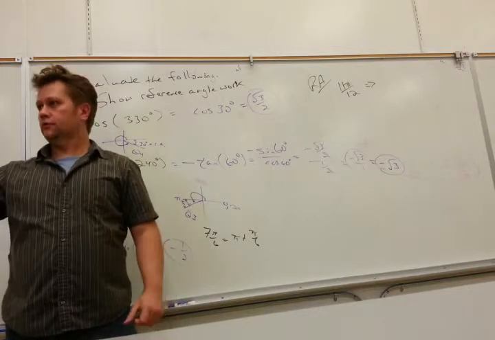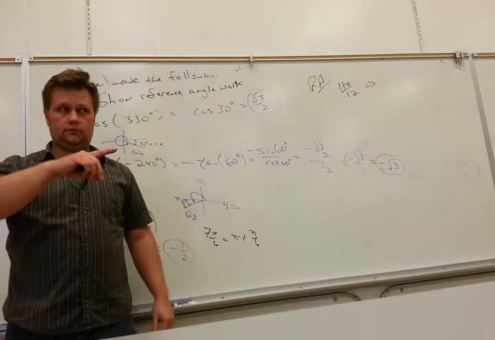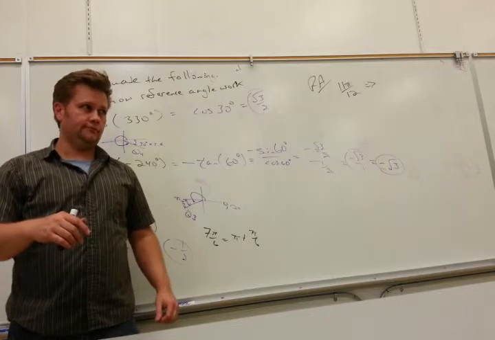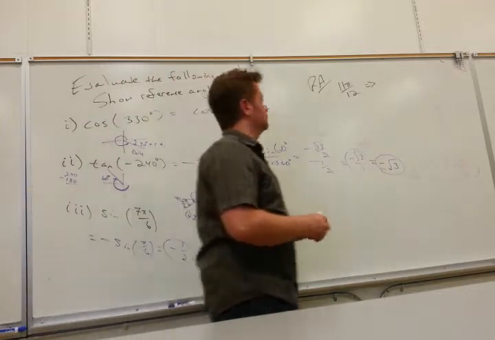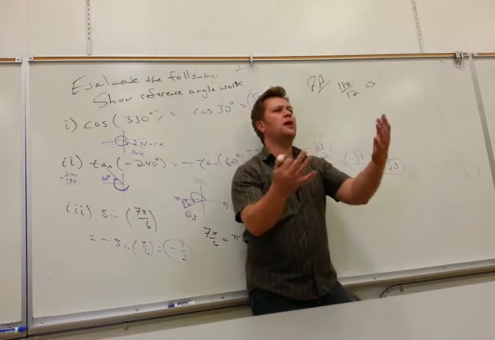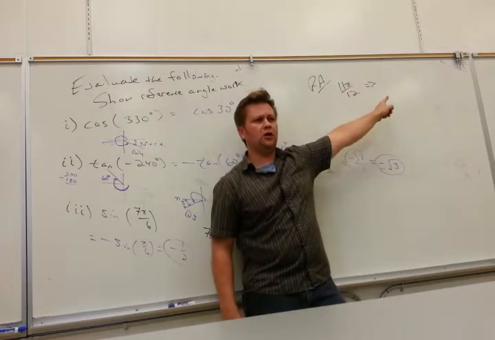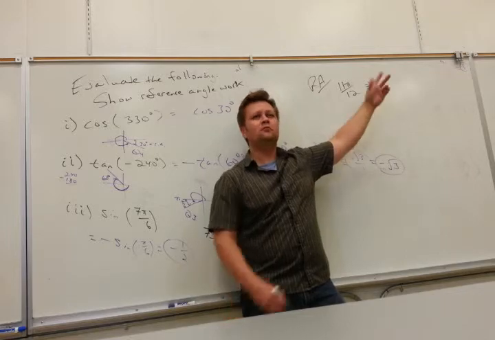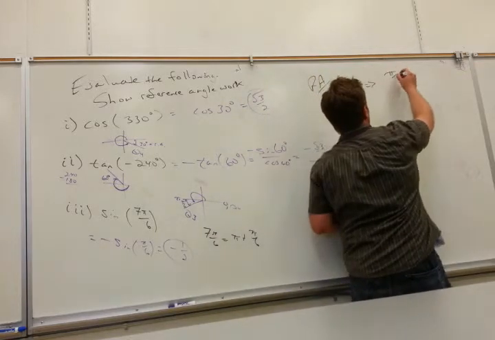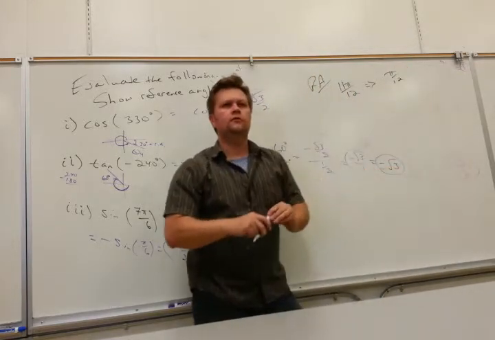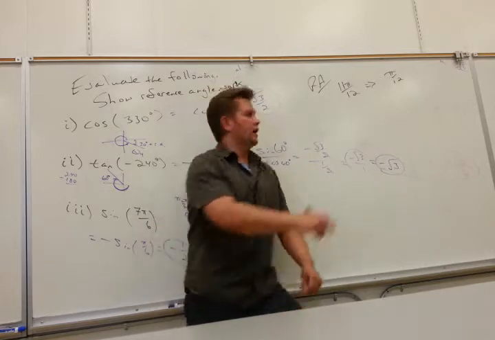Pretty close. What would a full pi be? 12 pi over 12. So this is how much below that? 1 pi over 12. So the reference angle is pi over 12. You guys get that?